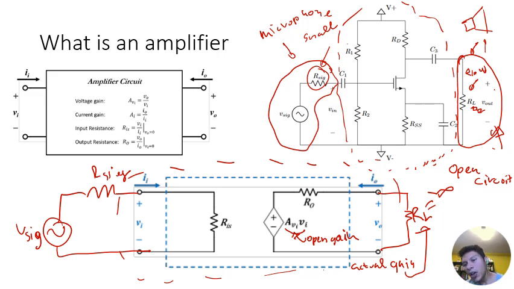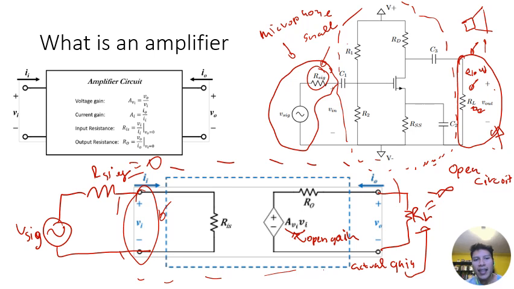So if you're asked for the open gain, you just look at your gain equation and treat RL as being infinite. Most likely your gain equation will have 1 over RL in it, and so that factor will basically become 0. And then same thing here, the gain of your circuit actually assumes that R sig equals 0.